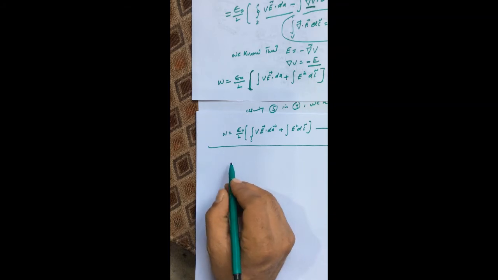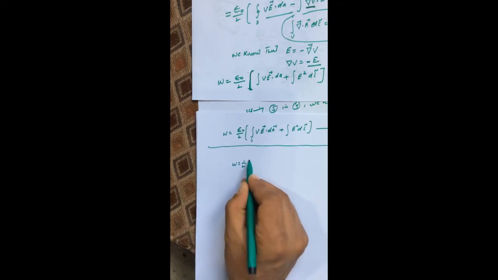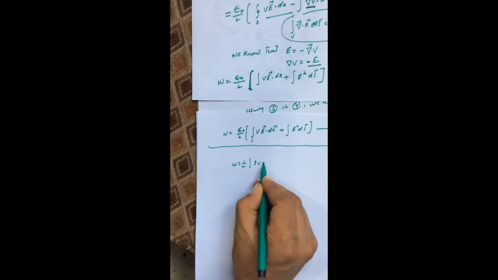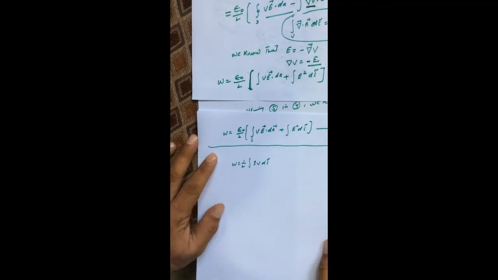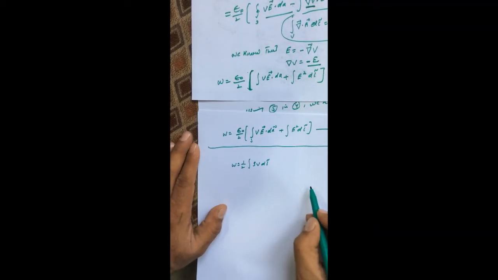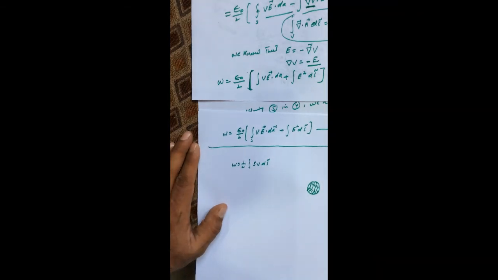Let's go back to equation number 4, which is work done equal to 1 over 2 integral of rho v d tau. Now suppose we have the charge which is assembled in this volume, and I call this volume V prime. This volume includes the charge.